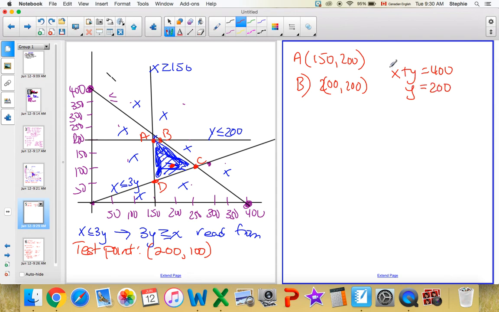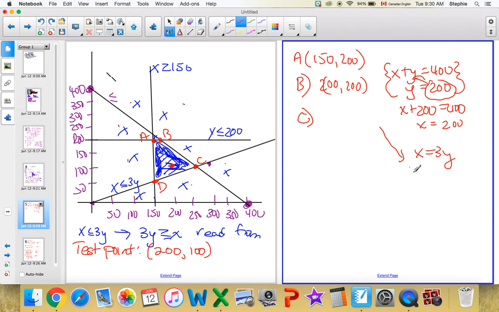And there it is. You just do the substitution and you plug this into y and you get x plus 200 is equal to 400. So x is equal to 200, which makes sense. And if I look at C, I can't really tell, but I know C uses x equals 3y and x plus y equals 400.